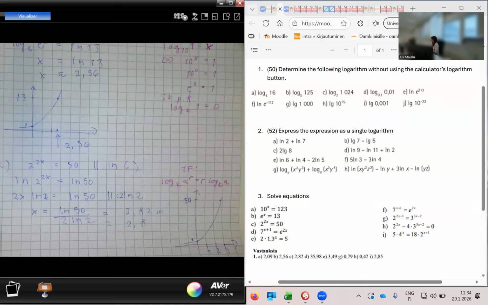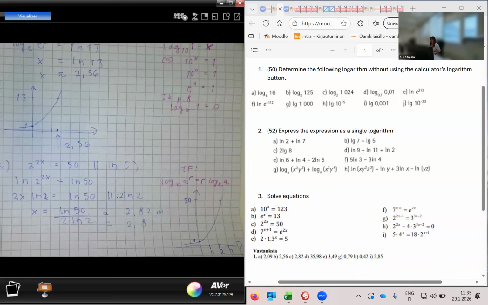Hopefully really good applications would come, but I don't know when that's actually going to happen. But there's a lot more equations to solve. You can do them at home. I think the solutions are there already, and we can still continue next week.